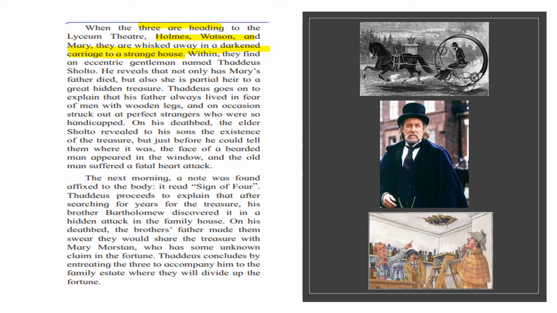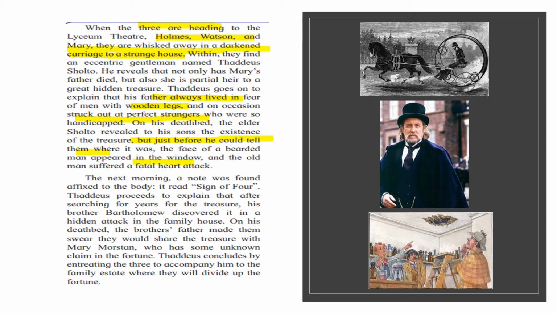So the three of us start heading to the Lyceum Theatre as advised in the letter, and soon they were whisked away in a darkened carriage to a strange house. There they meet a gentleman called Thaddeus Sholto. Thaddeus Sholto is the son of Major Sholto, who was the friend of Mary's father.